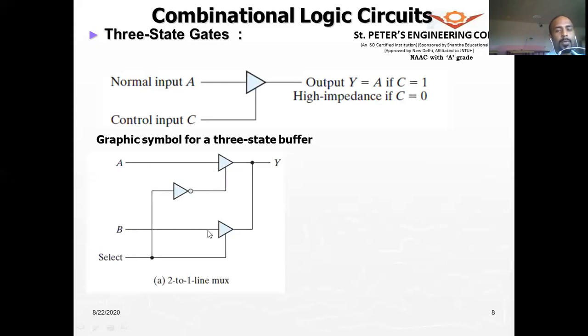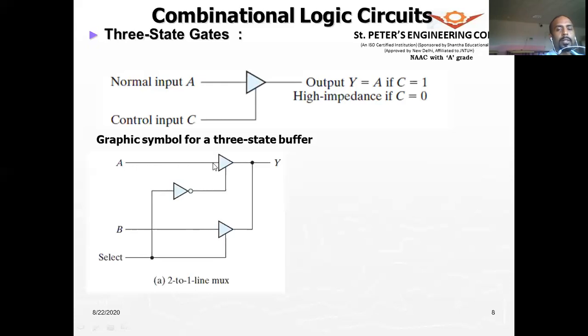So we see that when select is 0, input A is made available at the output Y, but B is not, because the tri-state buffer connected to A will work. The tri-state buffer connected to B will be in a high impedance state because of the select line being 0. Now, when select line is 1, the complement of that is 0.